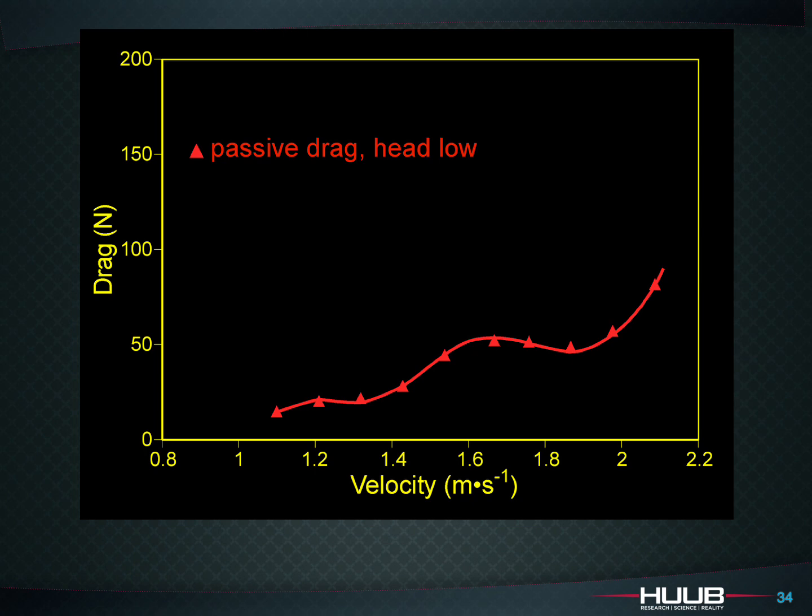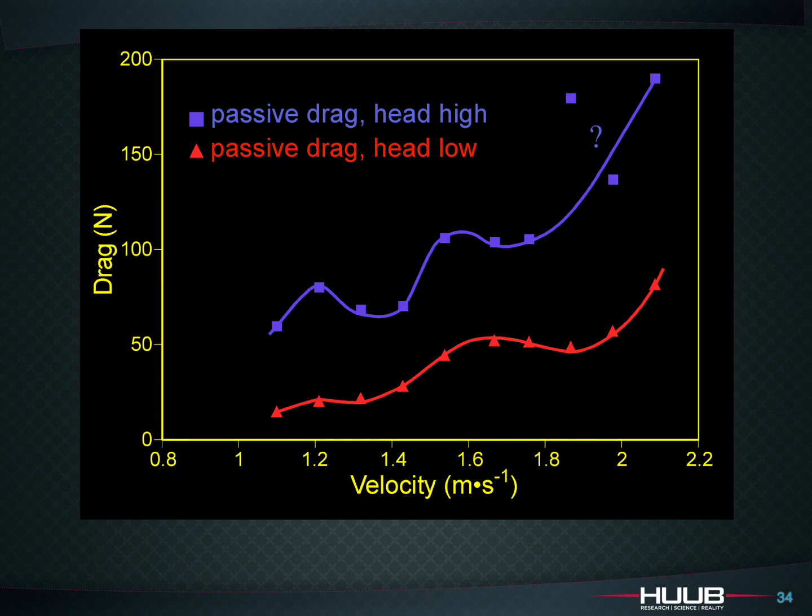So this is when the head was low, and if you just tilt the head just a little bit, only maybe a couple of degrees, you see this kind of recording. Again, you see very clear humps and hollows, probably due to reinforcement and cancellation.